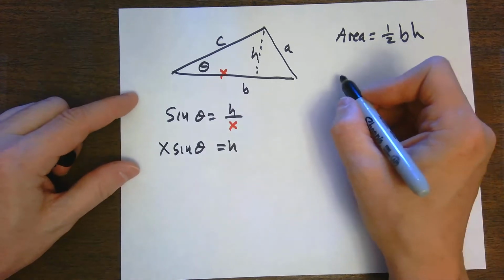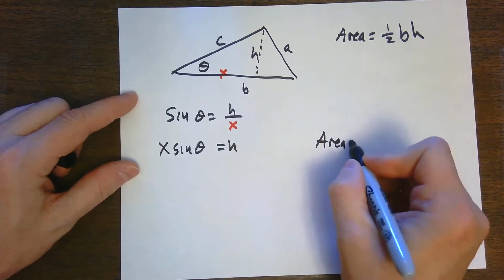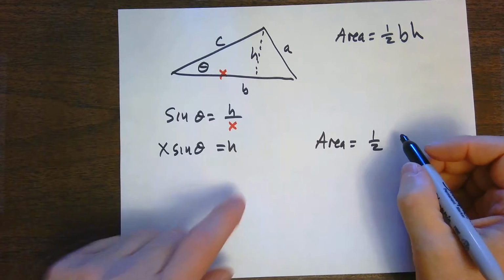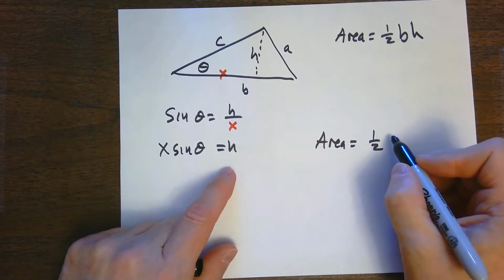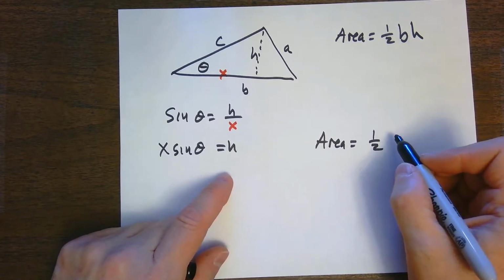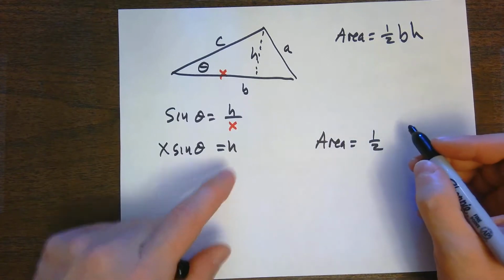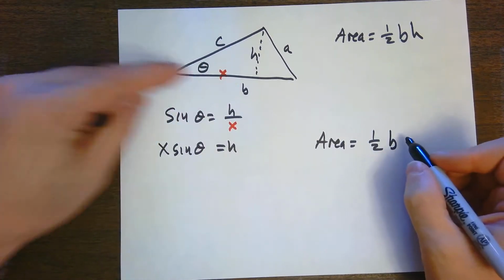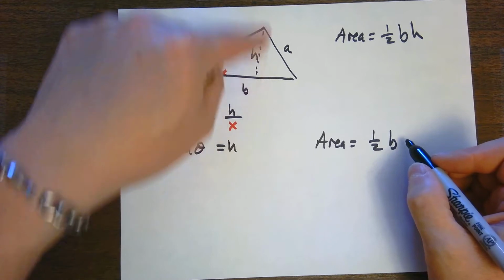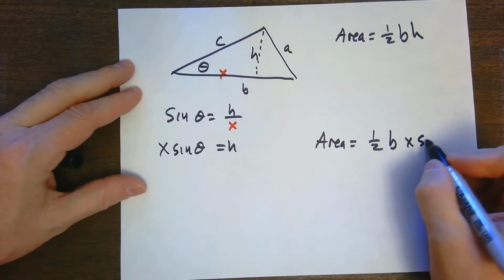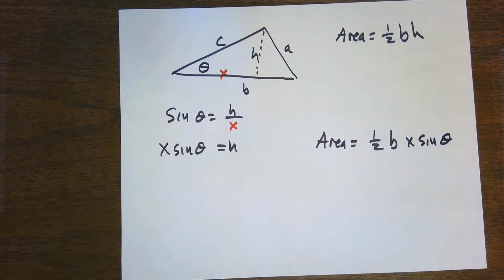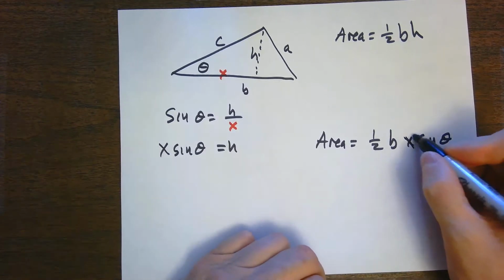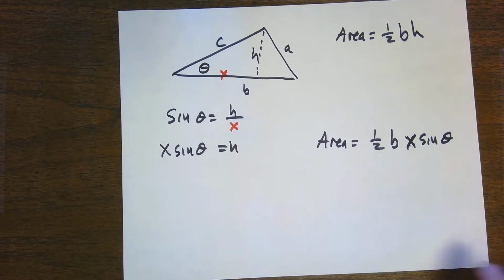Which gives me area equals 1/2 of the base times the height. Again, I don't like this x right here.